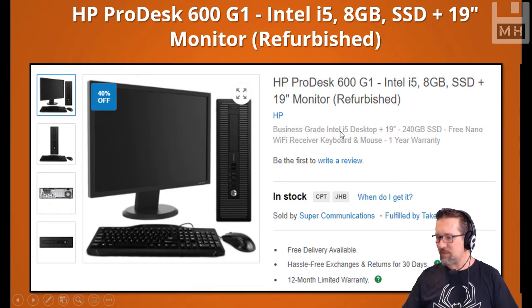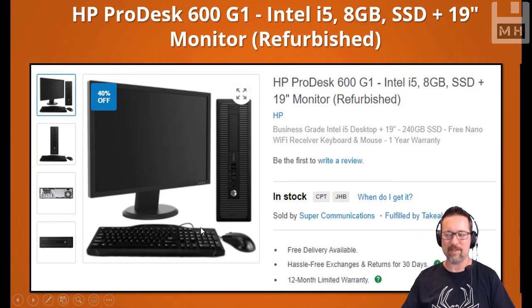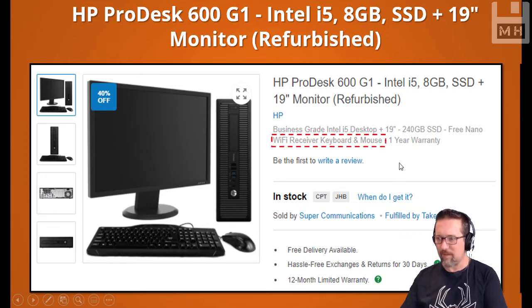And let's see, business grade Intel i5 desktop, free nano Wi-Fi receiver, keyboard and mouse. When you see something like a nano Wi-Fi receiver, keyboard and mouse, I would assume that it's a wireless mouse and keyboard, even though the picture shows a wire there, which is kind of weird. But yeah, I'll say so anyway. So there's your wireless keyboard and mouse.